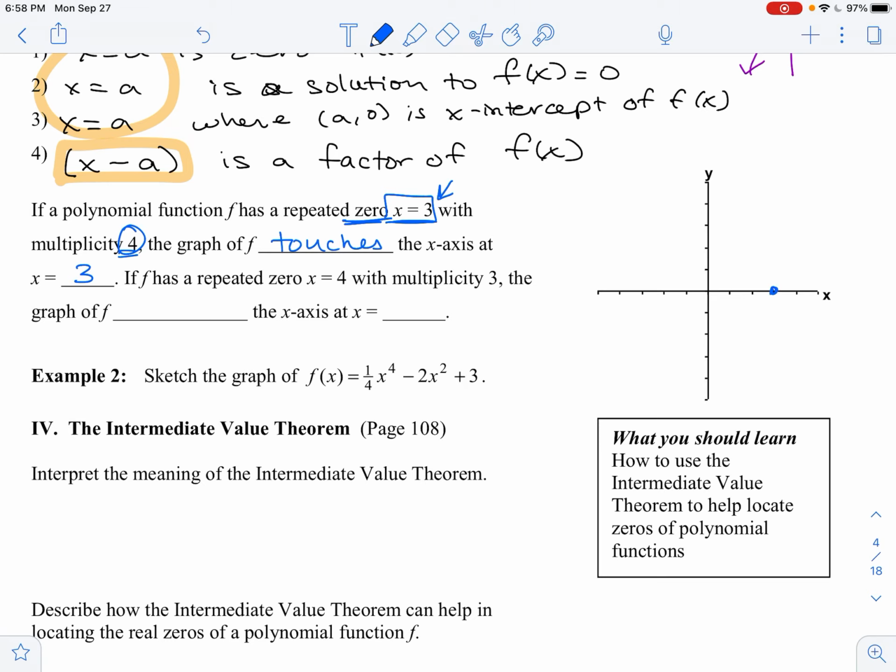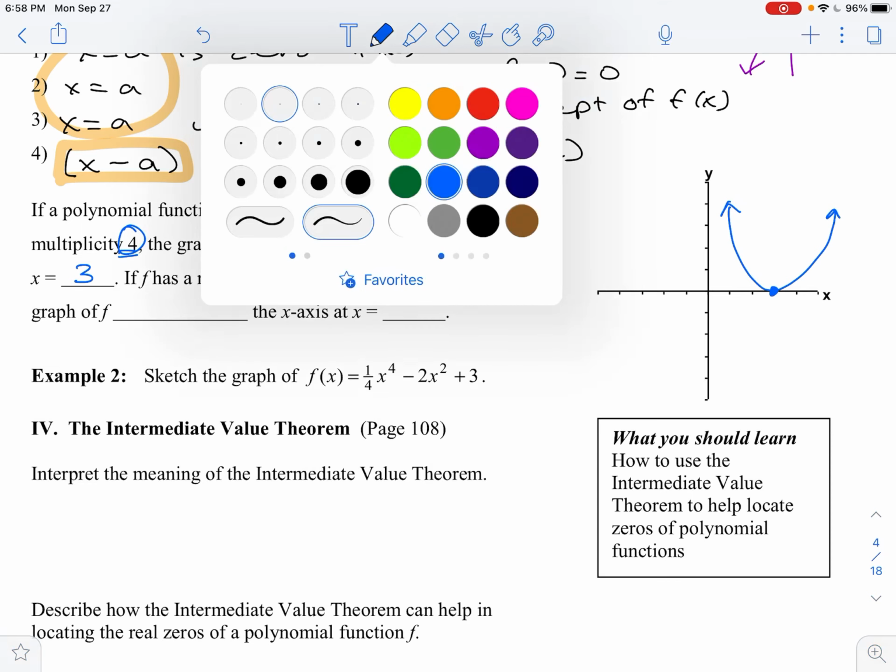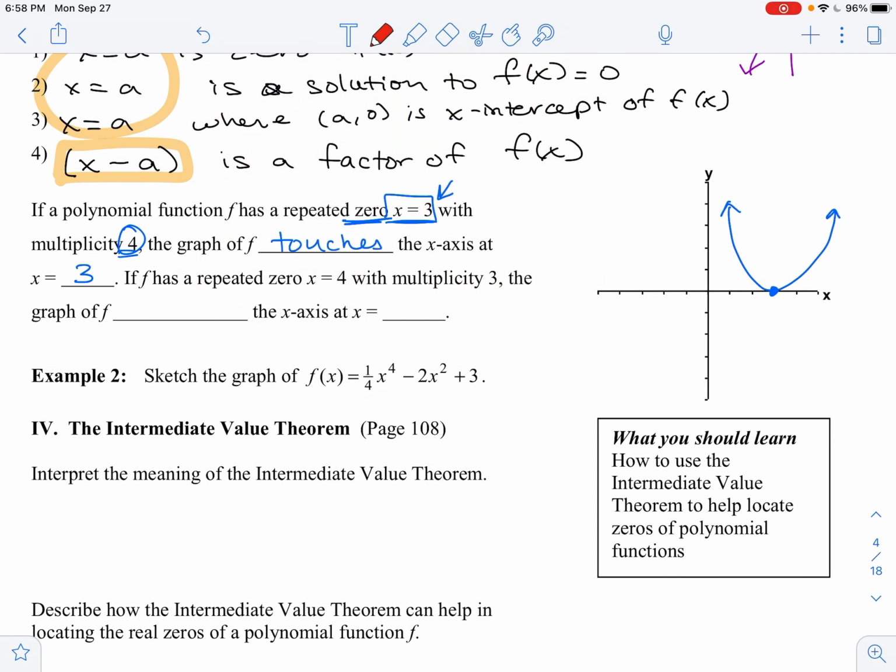If here's x equals 1, 2, 3, with a multiplicity of 4, it's going to look like this and bounce off of it or just barely touch it. Whereas if f has a repeated zero at x equals 4 with a multiplicity of 3, the graph will cross the value at that root of x equals 4. So this is the root, but a multiplicity of 3 will go right through it.